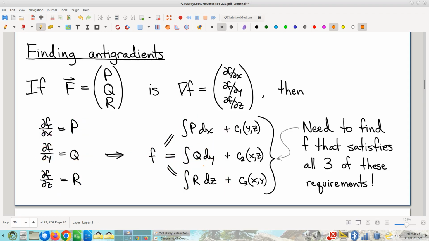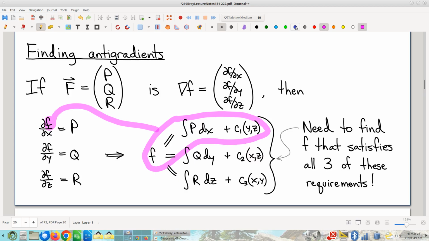So we have these three statements, but wait a second, what about the integration constants? I'm sure y'all remember integration constants. After all, if you add a constant, it doesn't change the derivative, and so when you're writing down antiderivatives, any constant you add in is kind of for free. Here's the thing. If we're talking about f being something like this, what restrictions does that put on my constant over here? Well, all I need is for that to disappear when I take the x partial.